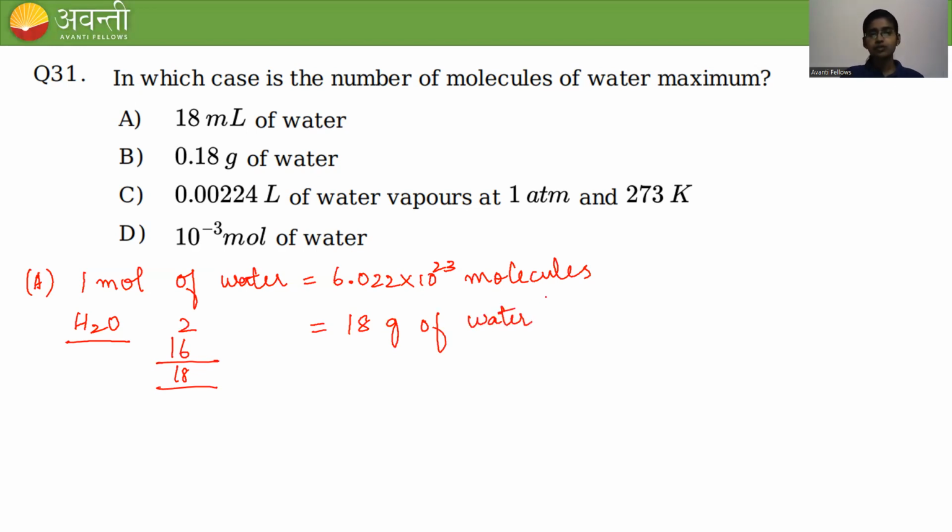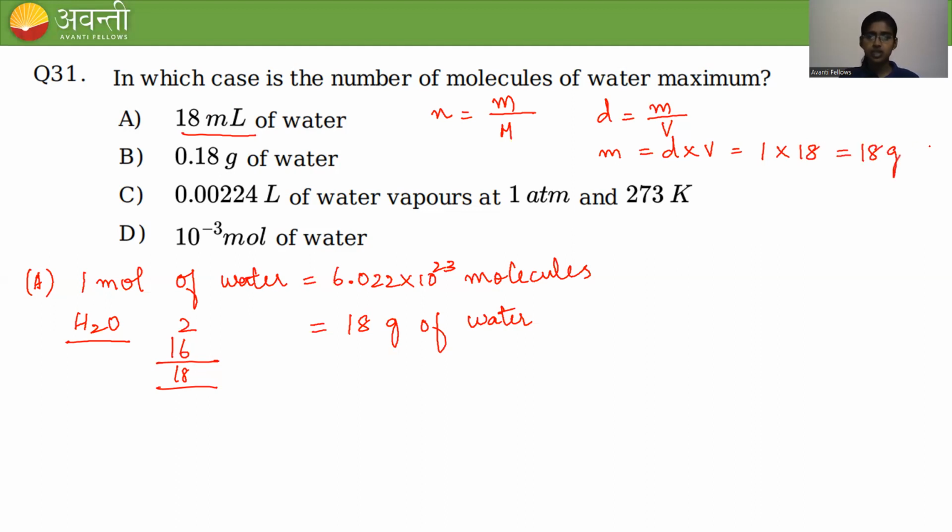To find out the number of moles, we need mass and molar mass. Molar mass we know. And how to find out the mass? From the density formula. Density is equal to mass by volume, right? So mass is density into volume. What is the density of water? It is 1 gram per cc, and the volume given here is 18 ml. So into 18 gives you 18 gram of water.